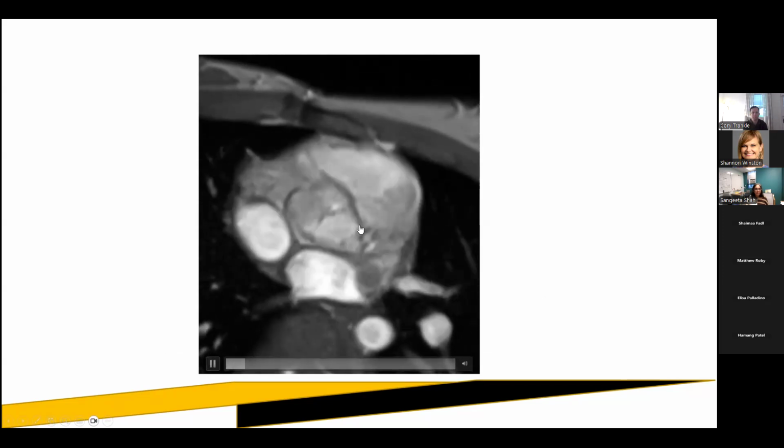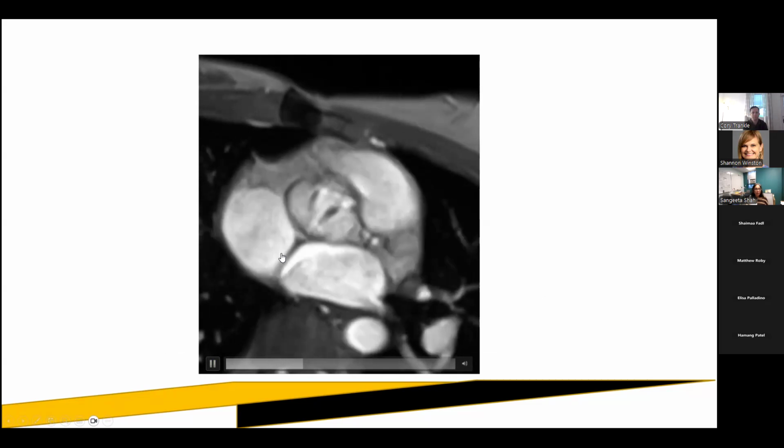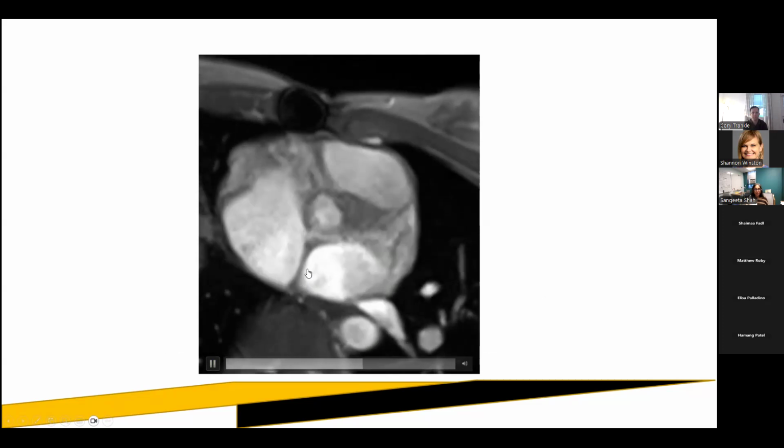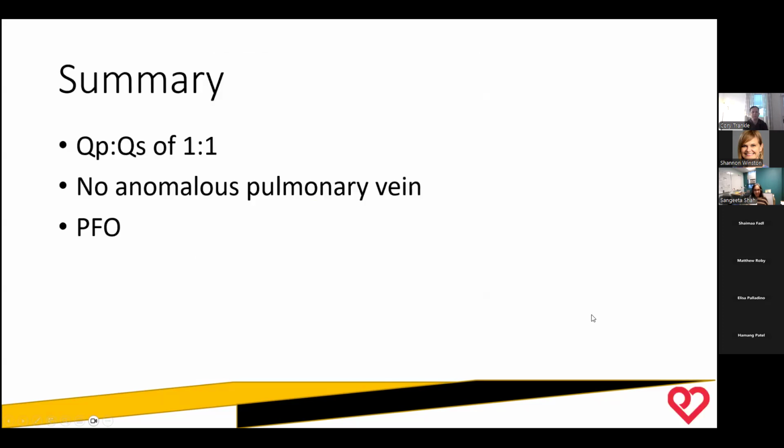We do this as a gradient echo with small field of view of the aorta, but you also get the atrial septum here, and you get the hypermobility of the atrial septum. And here, if I were to pause, you get the nice PFO and atrial opening. So what's nice here is you can see you have an anterior rim. You definitely have a posterior rim on this.